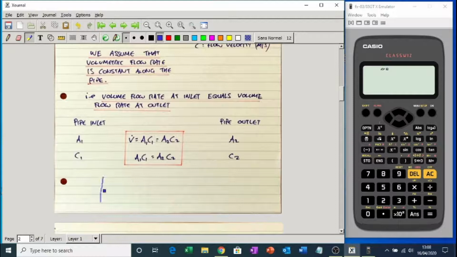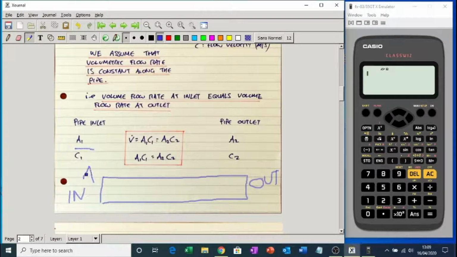So again, here's my pipe. So here's in, and here's out. So the area here is A1, and the flow, there's liquid there, look. The flow here is going to be C1. The density, we don't need to worry about.